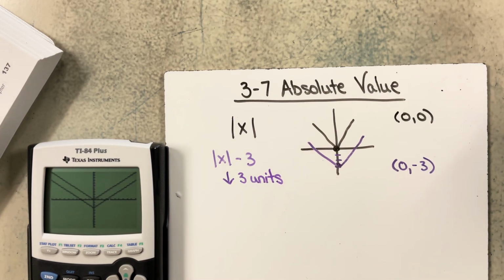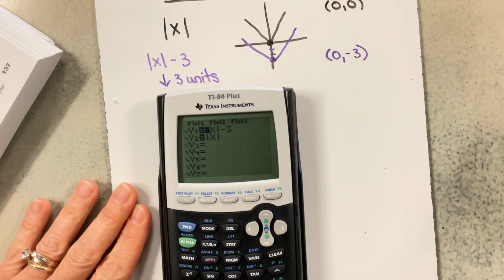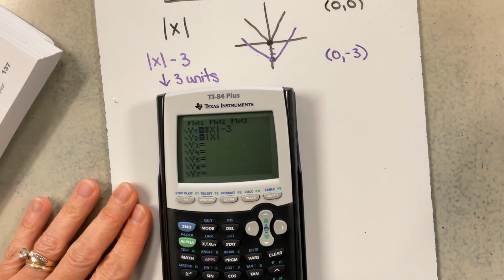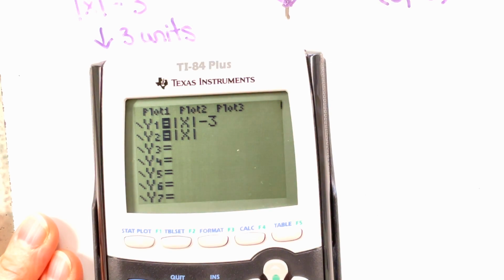Okay, but you can actually graph this. You could make a table. There's a bunch of things you could do. Okay, now let's try moving it a little bit differently. Okay, so let's go back to our Y equals. And this time, let me get it so we can see again. There we go.